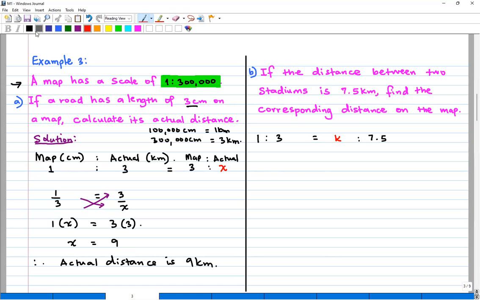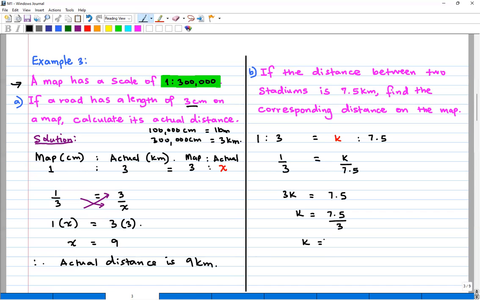Now, let's write it as a fraction. We say 1 out of 3 is equal to k out of 7.5. Now, we get k times 3 to get 3k is equal to 1 times 7.5, and k is equal to 7.5 divided by 3.